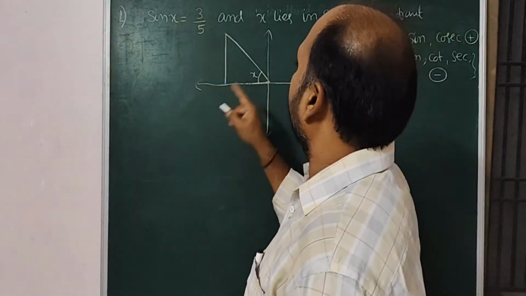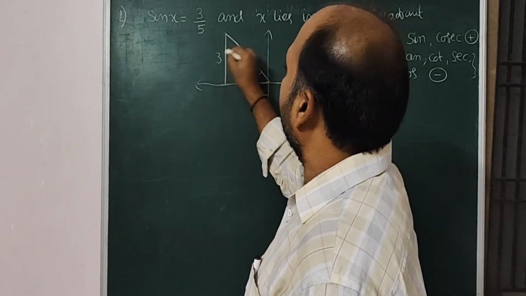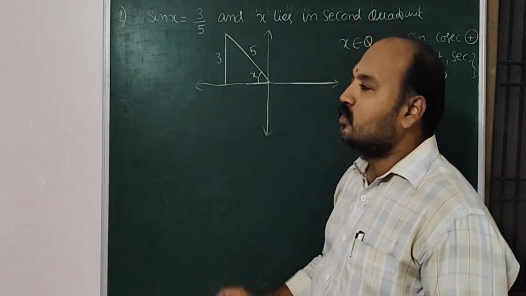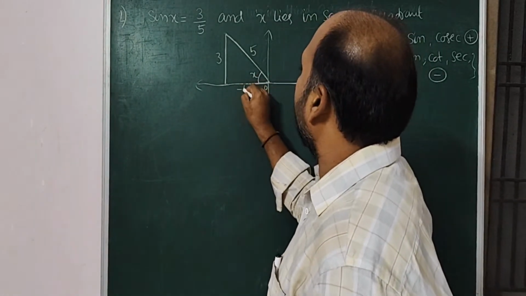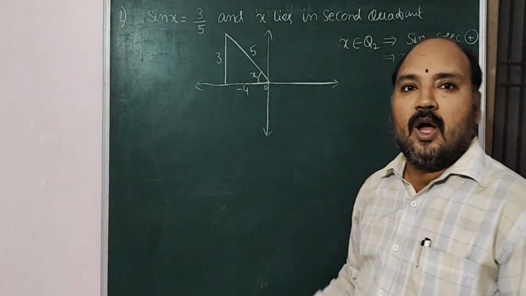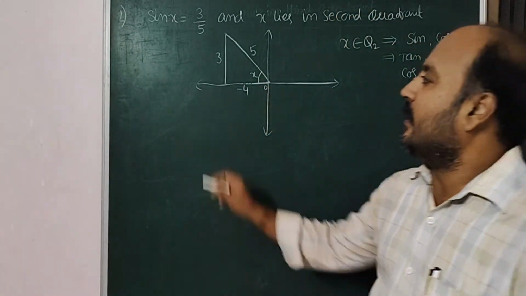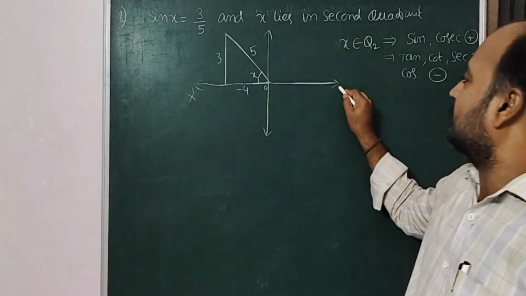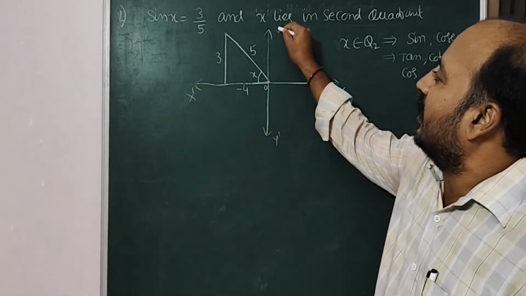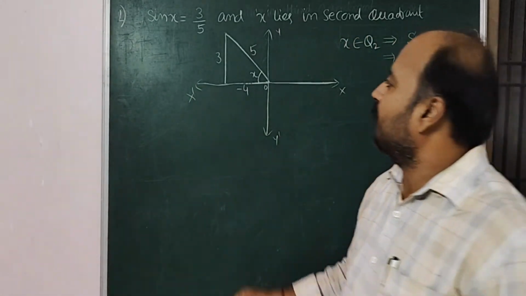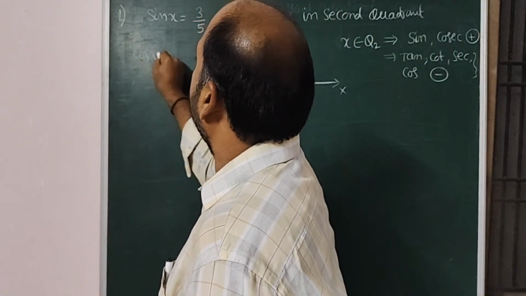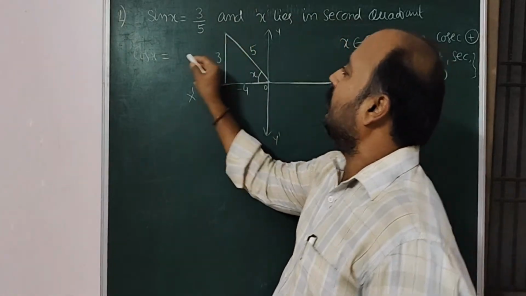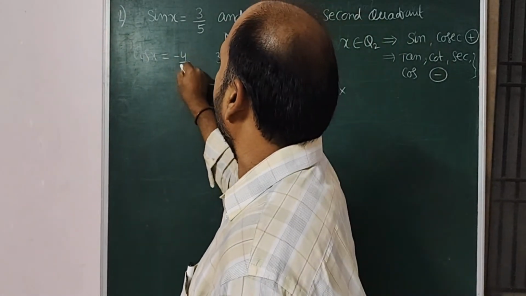So 3 by 5, opposite is 3, hypotenuse is 5. Obviously this is the negative side of the x-axis from the origin, so minus 4. I hope you understand, it is the negative x-axis, x dash x, y dash y, origin. From this data, cos x by definition is adjacent side by hypotenuse, minus 4 by 5.